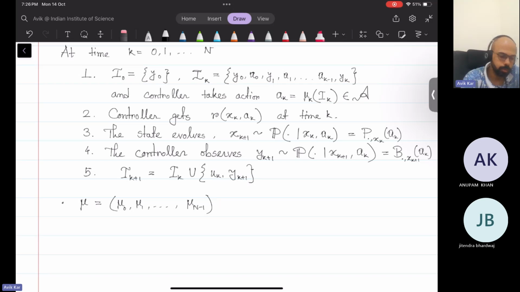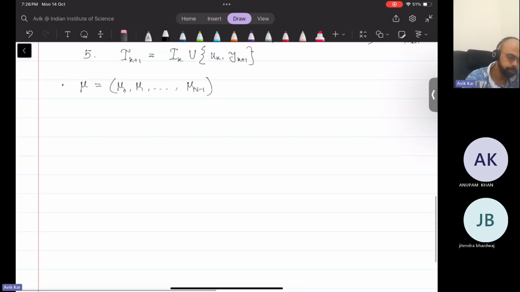Okay, so what is our objective? Similar to our MDP, the objective is to maximize the reward.